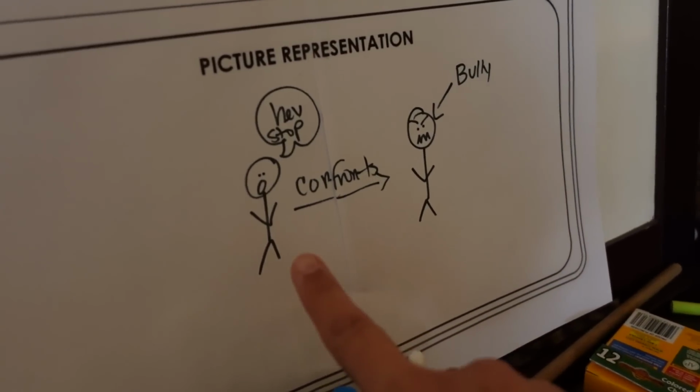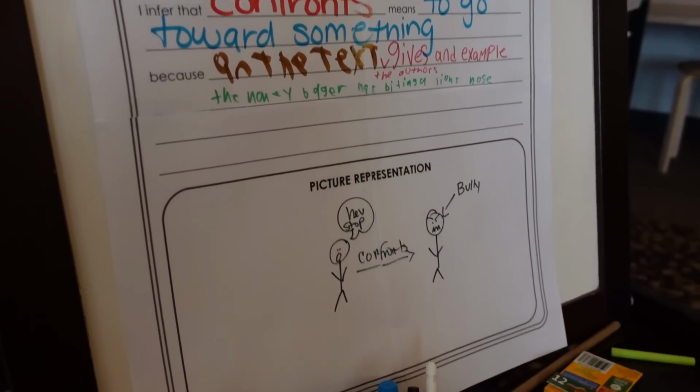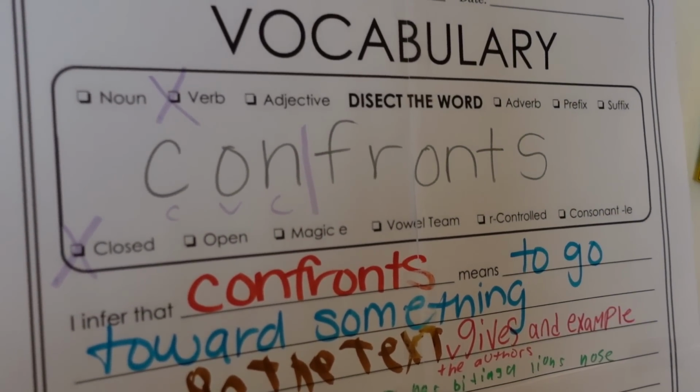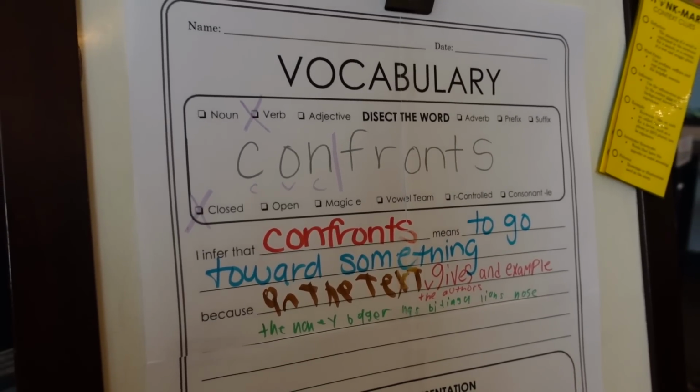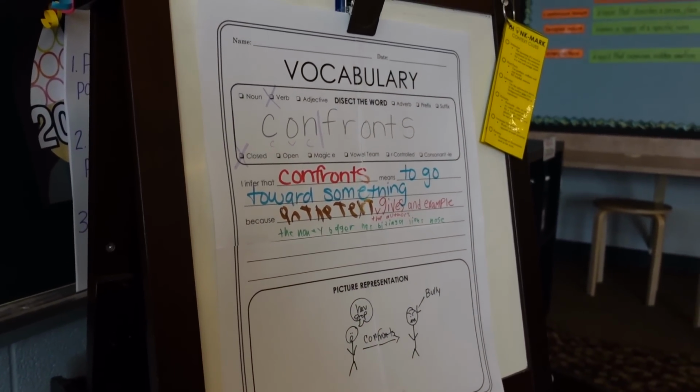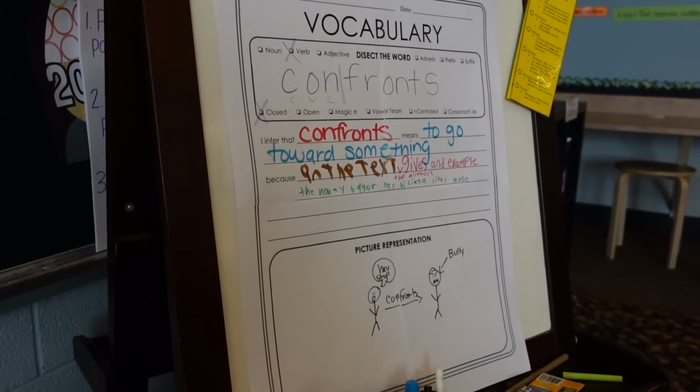And so we have an example representation there, and then we also went through and looked at the syllable break and what type of part of speech and syllable types we had there. So they did a great job, and now I'm going to do this all over again with my next group.